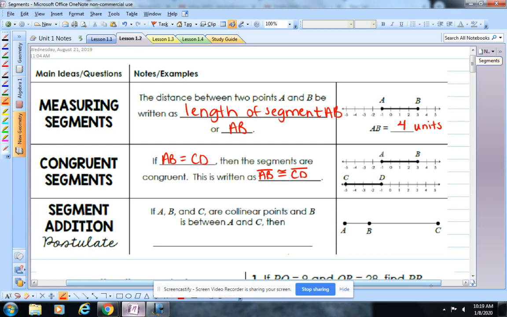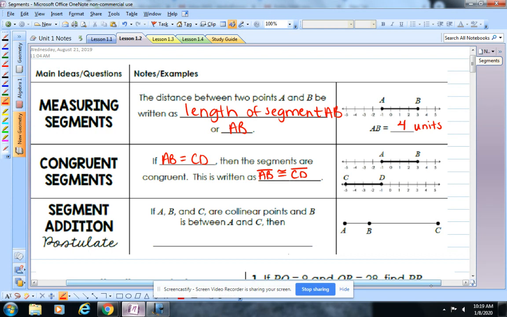How many different line segments are in this picture? There's 3. You have segment AB, segment BC, and then the whole thing is AC. Do you see the difference?